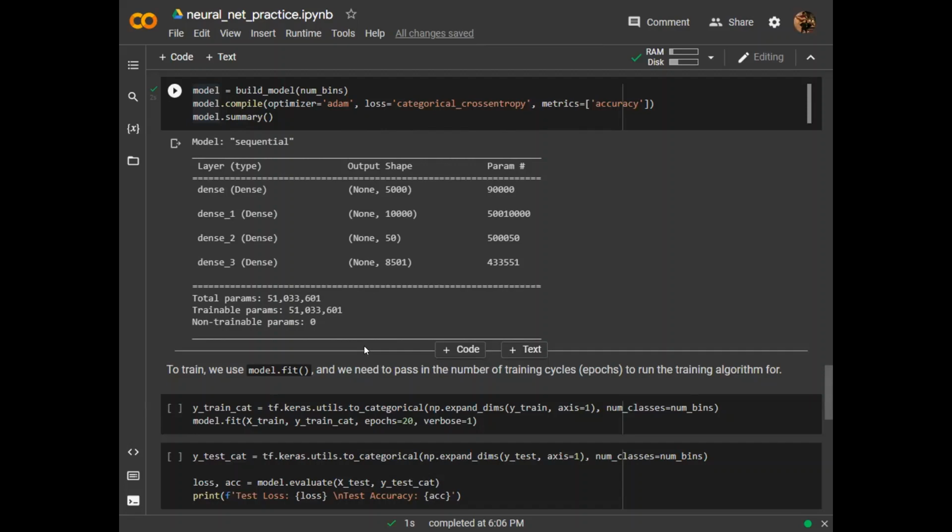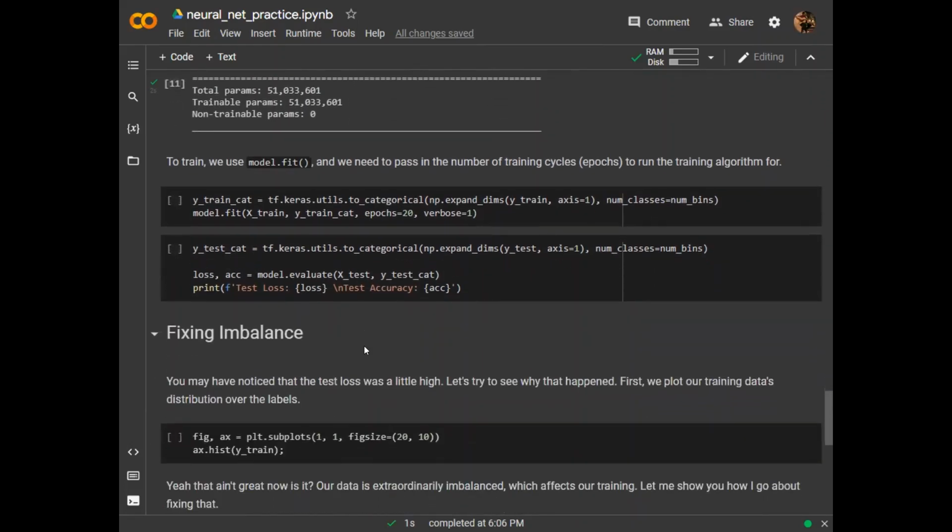Cool. Next thing is, now that we've built this model, compiled it, defined the loss function, the optimizer, and the metrics that we want to measure, how do we train the thing? Well, you just use the model.fit command. Now, a small thing before that: we need to change the way that our labels are organized. Currently, our labels are just numbers, the bin number for the car. We need to convert that to probability distributions, because the model outputs a probability distribution, so in order to measure how good that distribution is, we need to give it a comparative distribution.